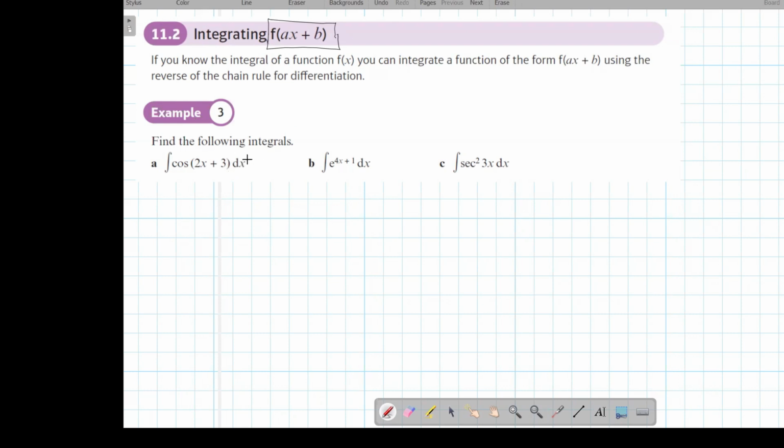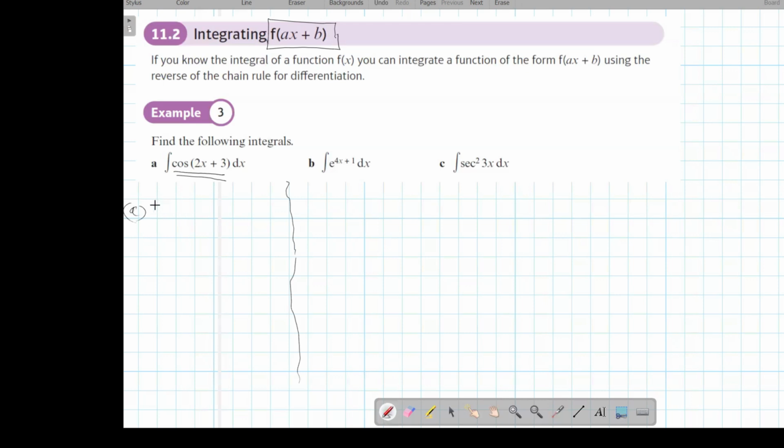So if we have to integrate a composite function like cosine of 2x plus 3, you need to apply the reverse chain rule of differentiation. Let's see how. Let's do this first part.